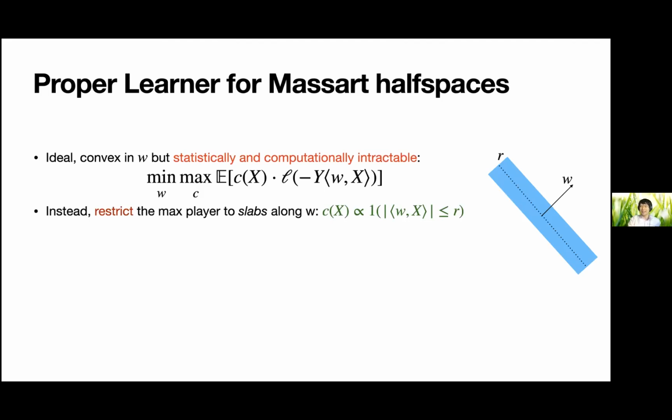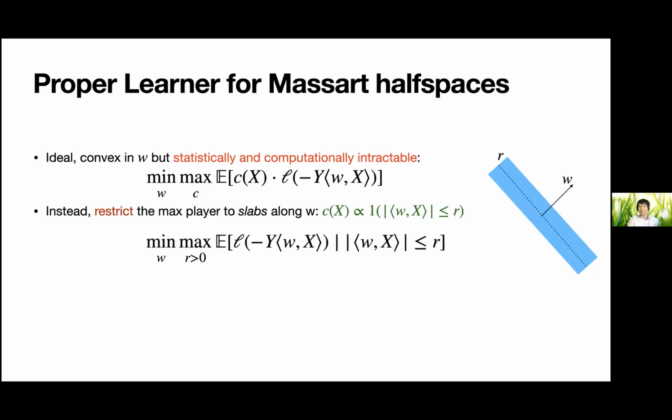It turns out the restriction we want to pick, which is not obvious, is that the max player can only pick slabs along the min player's direction W. More precisely, the reweighting function C of x should be the indicator of points x where W dot x is small, so you're near the decision boundary, and upper bounded by R, where R is an arbitrary parameter. That gives you the following optimization problem.